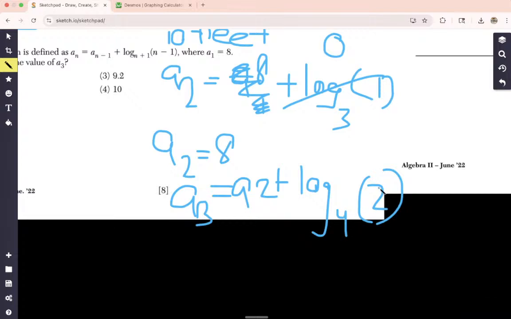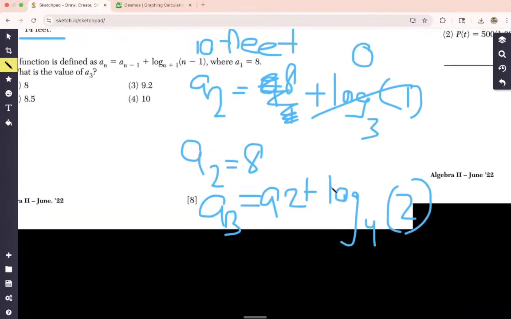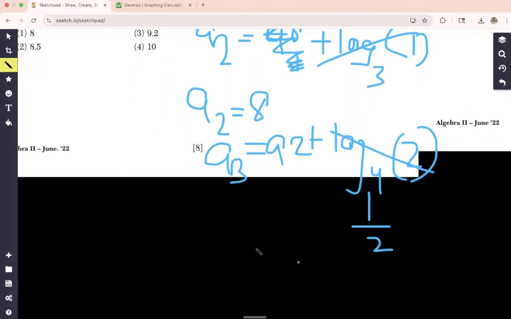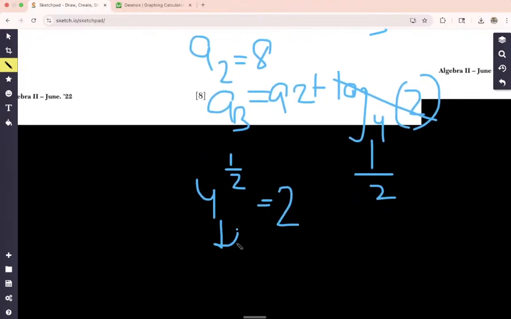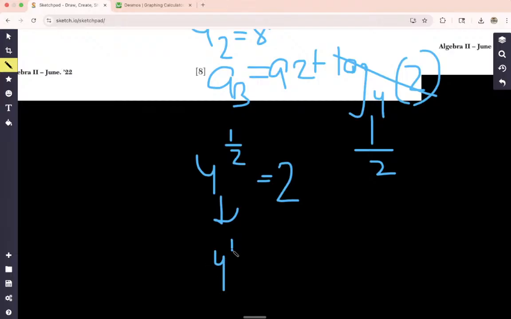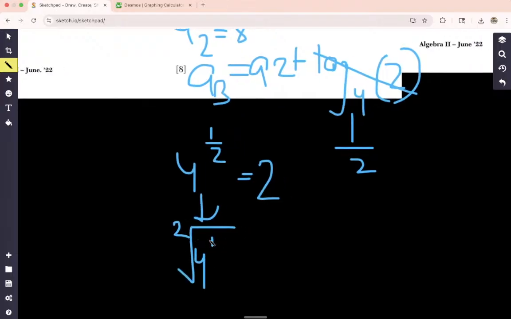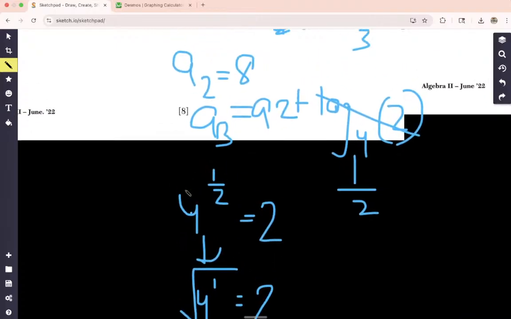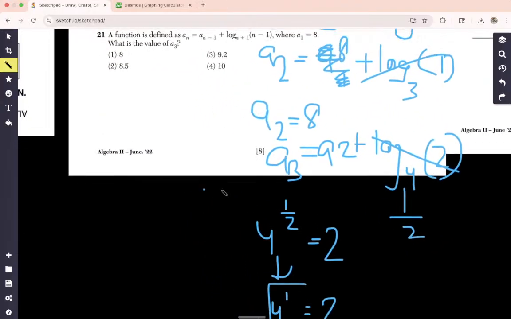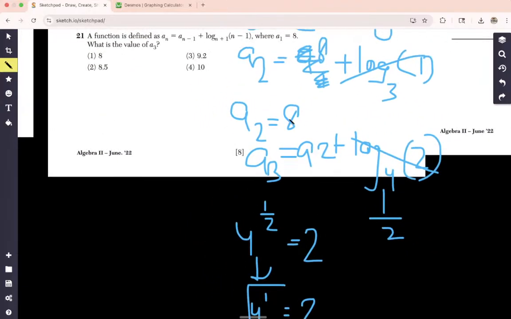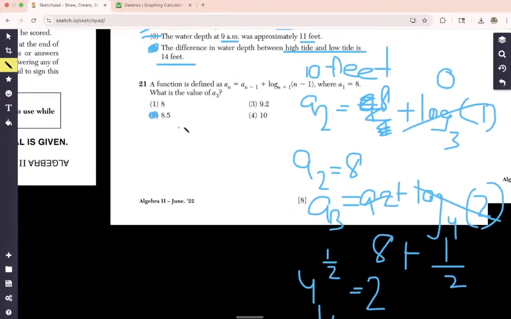Now, 4 to the what power is equal to 2? 4 to the 1/2 power is equal to 2, because this can be rewritten as essentially 4 to the 1 power to the second root. Remember, second root is the same thing as the square root, so the square root of 4 is equal to 2, right? So then this is 1/2, and we know a sub 2 is equal to 8. 8 plus 1/2 is 8.5.